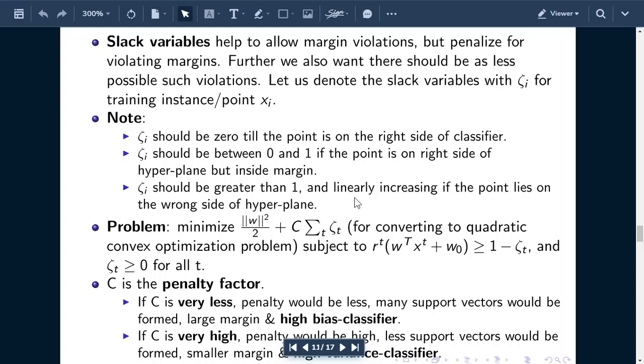Wonderful. Now again, those of you who know how to convert into dual and solve, this is simple. Convert into dual and solve it. Now I skipped one part, that is what the hell is C? Now, okay, C is the penalty factor.